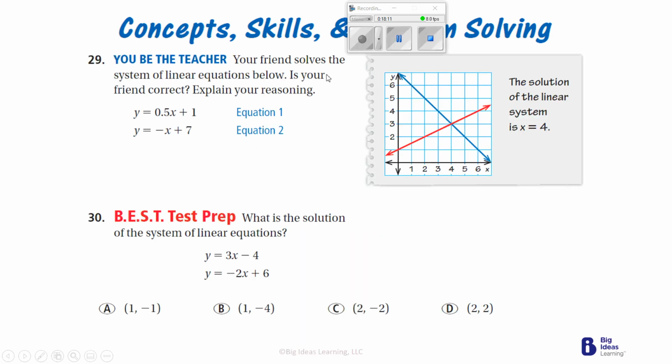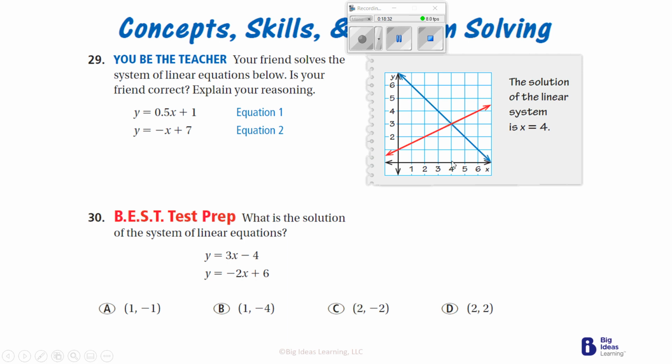29 says your friend solves the system of linear equations below. Is your friend correct? Well, if I take this one, it's crossing through 1, and it's going to be going up 1 over 1, up 1 over 1, 1/2. And then this one here is going to be at 7 and going down 1 over 1, down 1 over 1.